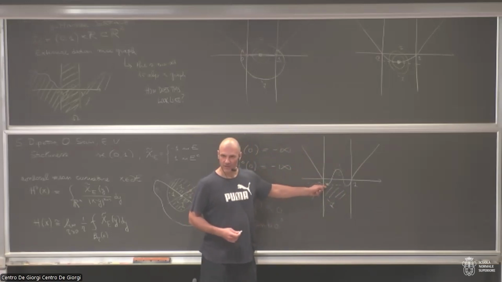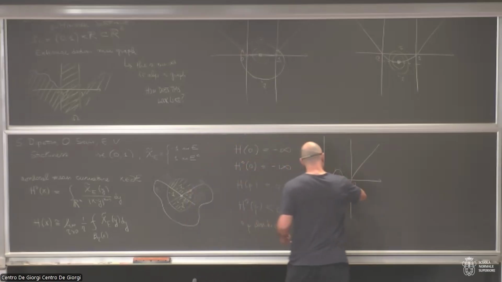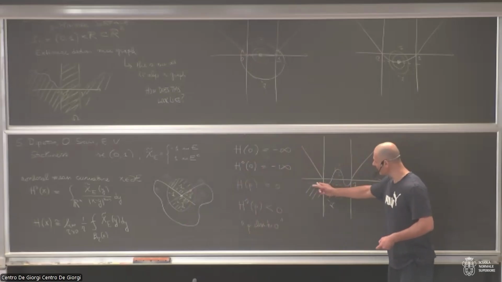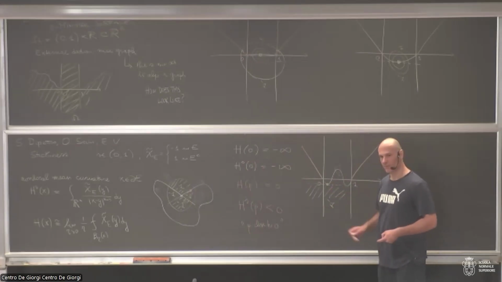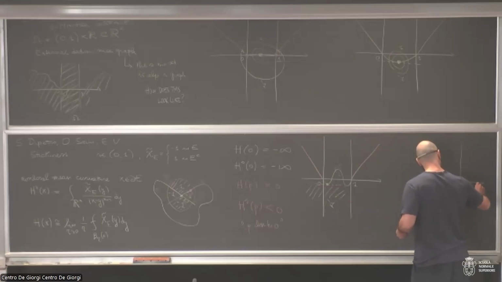So what we have learned with this example is that it's pointless for me to keep drawing examples that produce a local minimum, because at a local minimum, I can always touch the graph from below and get a contradiction just by averaging with respect to the half plane. So next level is to say I have to bend up.